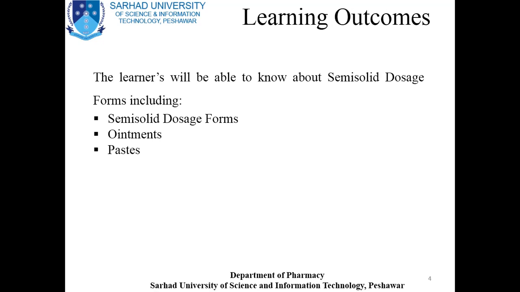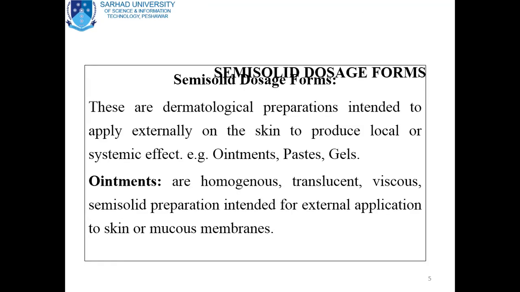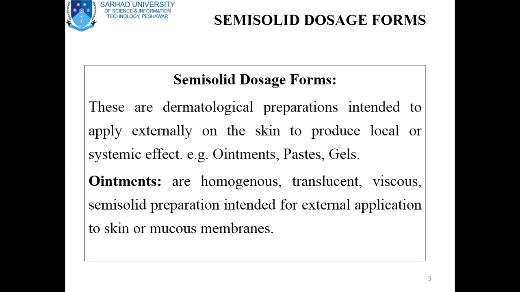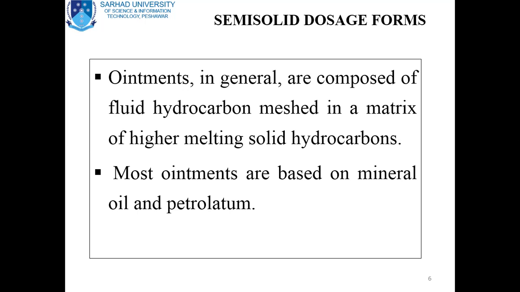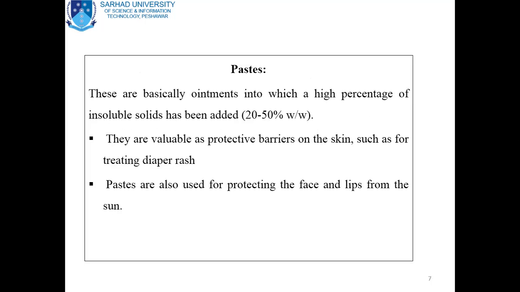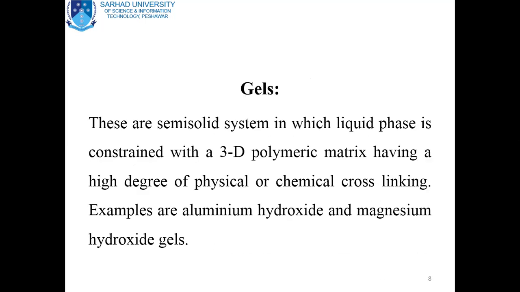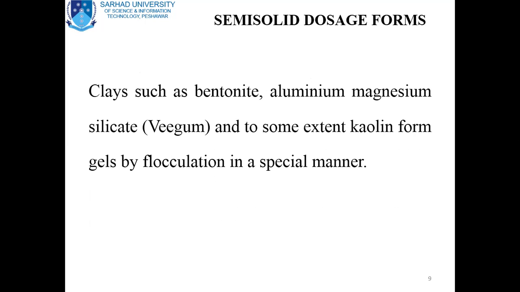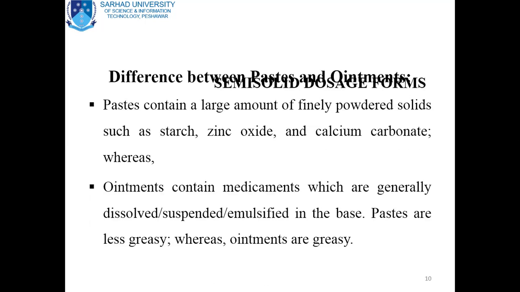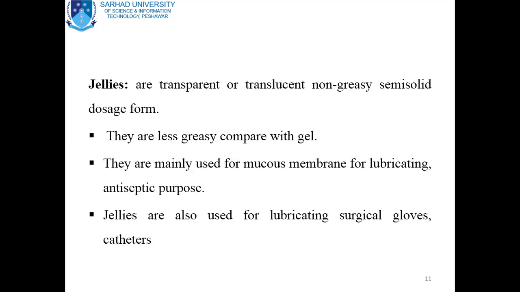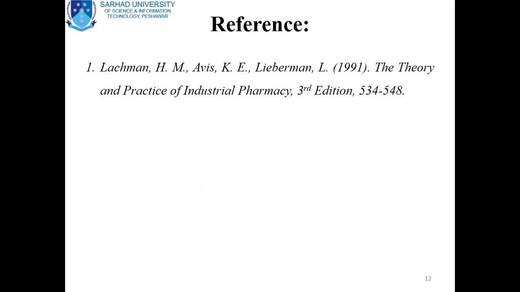I have told you the key points of the semi-solid dosage forms, the differences between paste and ointments, and jellies and gel. Also, I have told you about the reference.